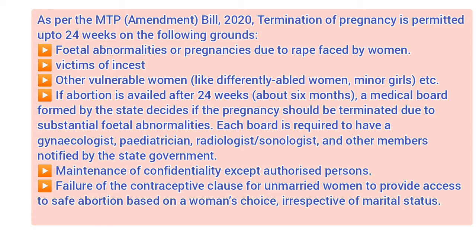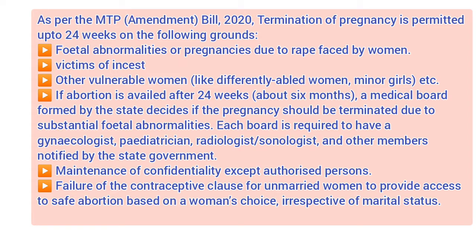So if the woman is also from vulnerable categories like disabled women, minor girls, and so forth, these are some categories because of which you can terminate after 24 weeks.